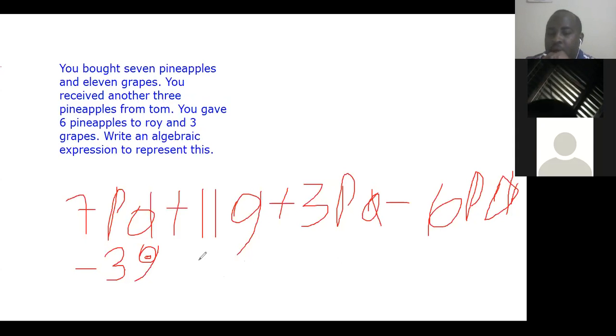4 pineapples. So we can say that that is the same thing. You know what that sign is? Equal. Good. So that is equal to 4 pineapples. Is that correct?